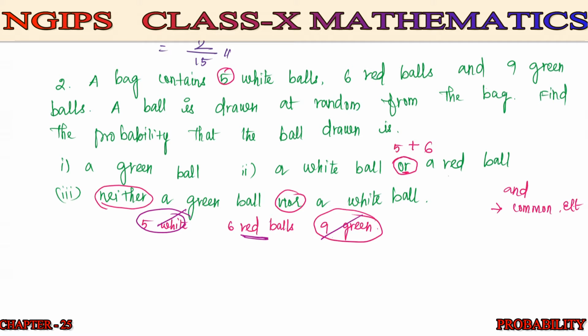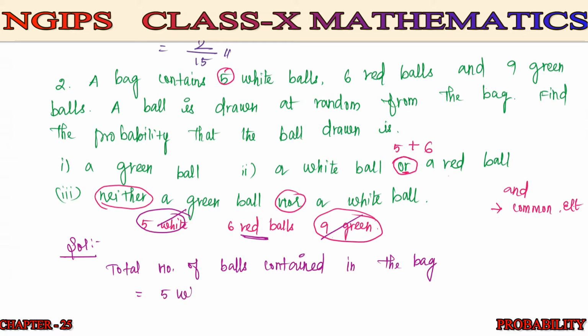A bag contains 5 white balls, 6 red balls and 9 green balls. So first we have to write the total number of balls contained in the bag. Total number of balls contained in the bag is equal to 5 white balls plus 6 red balls plus 9 green balls.